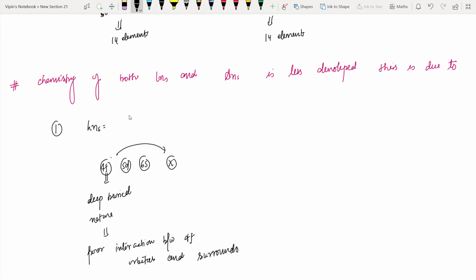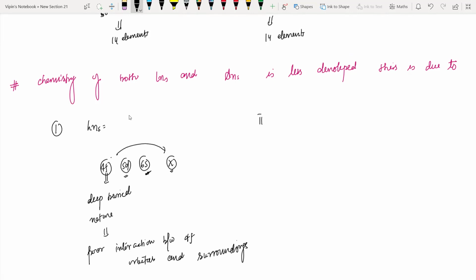So why is the chemistry less developed? Because of the deep buried nature of the 4f orbital. So only one line you have to write: the chemistry of lanthanoids is less developed because of the deep buried nature of the 4f orbital. Why deep buried? Because in order to interact, X has to cross the sixth shell, fifth shell, and then the fourth shell, right?